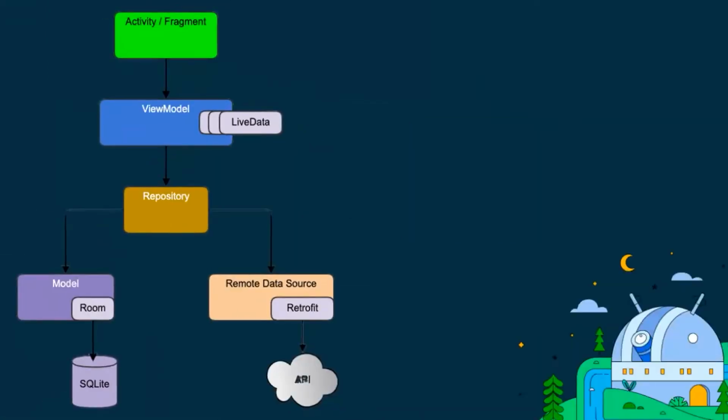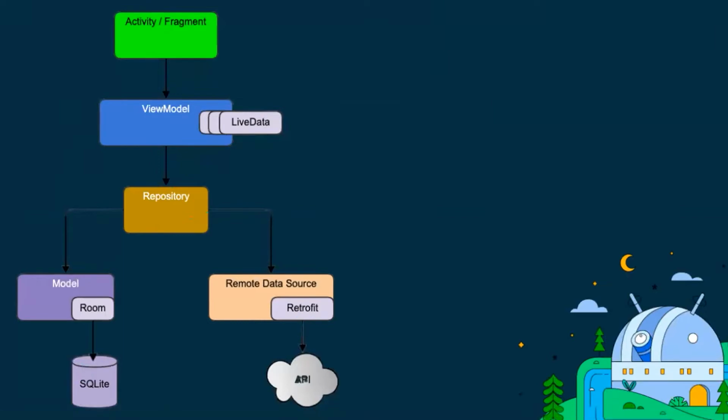Here you can see that this activity fragment part is the view part. This is the view model part. And this whole thing is the model part, which contains the repository and collects the data from SQLite or the API. It depends upon the project.